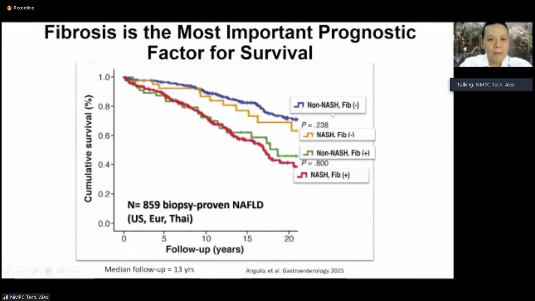So the level of inflammation, even though there was numerical difference, did not really matter. However, when you look at patients with significant fibrosis, the survival was significantly poorer compared to those patients without significant fibrosis. Okay, so fibrosis is very important.